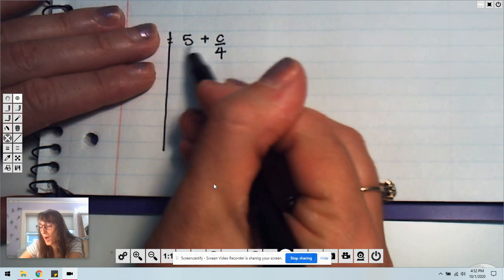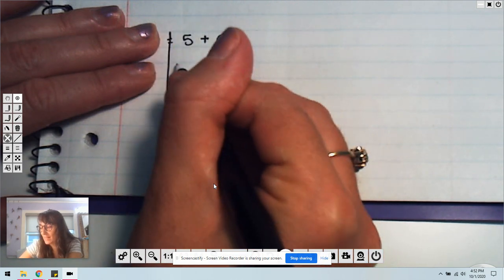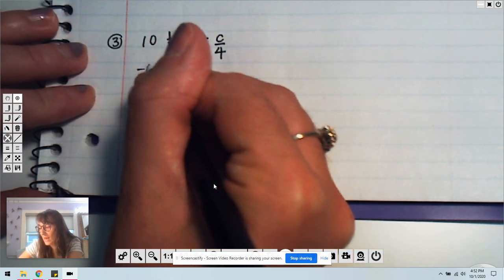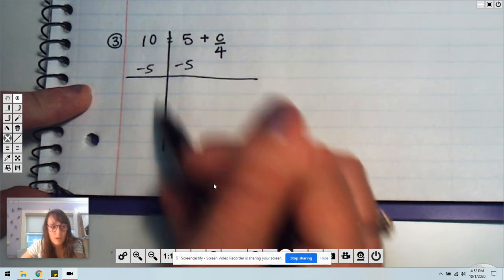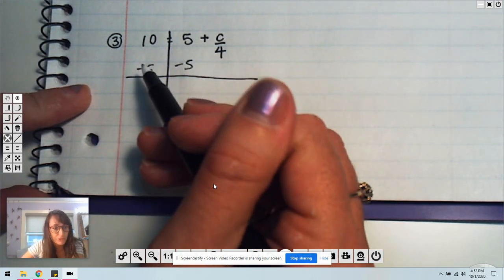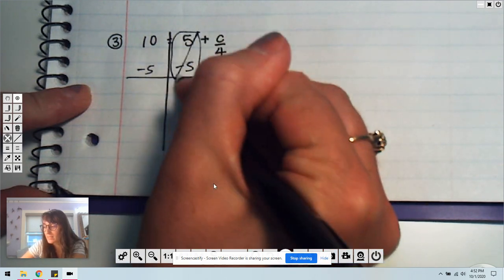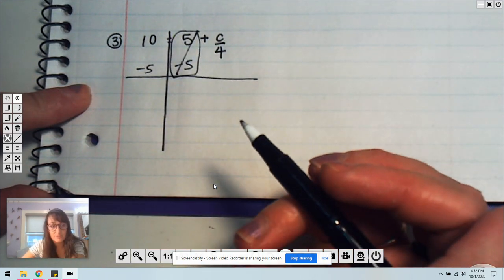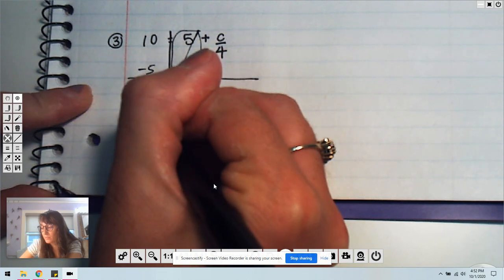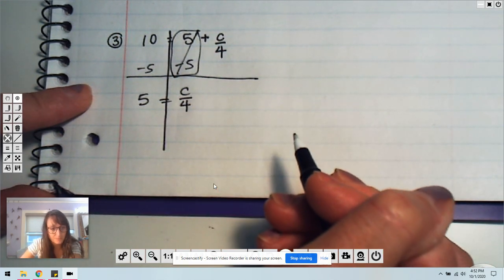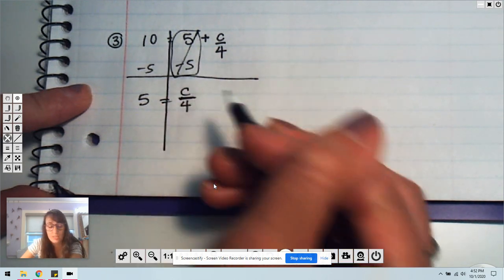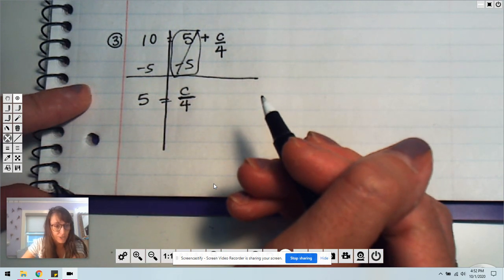So the opposite of a positive 5 is a negative 5. So I start by subtracting 5 from both sides. Remember, whatever I do to one side of this balanced scale, I have to do to the other. Positive 5 and negative 5 make nothing. They cancel out. I am left with 5 equals C divided by 4. Remember, this fraction bar is just a fancy symbol for division.